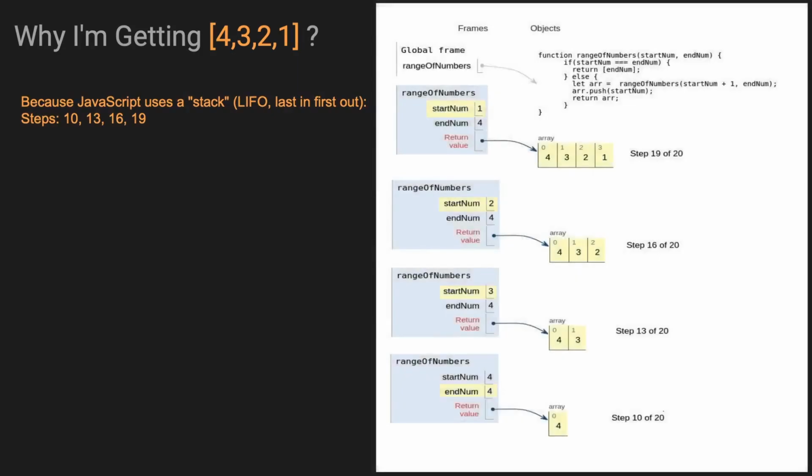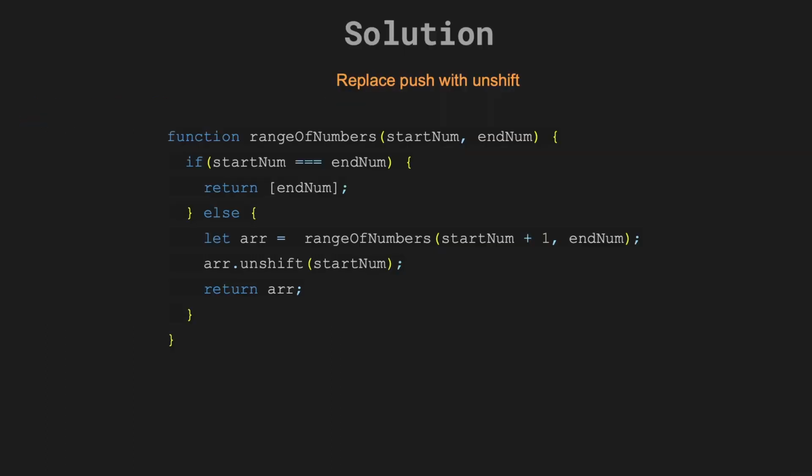Why am I getting 4, 3, 2, 1? Because JavaScript uses a stack. Solution: replace push with unshift.